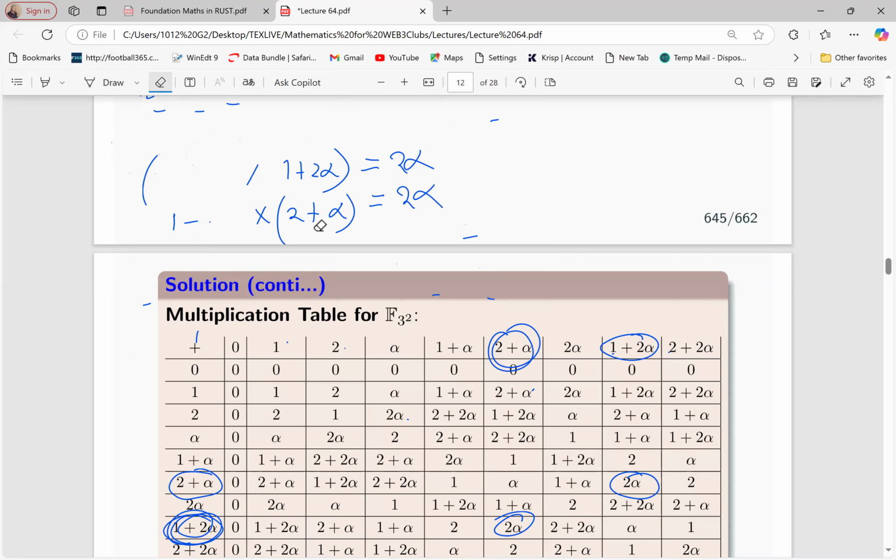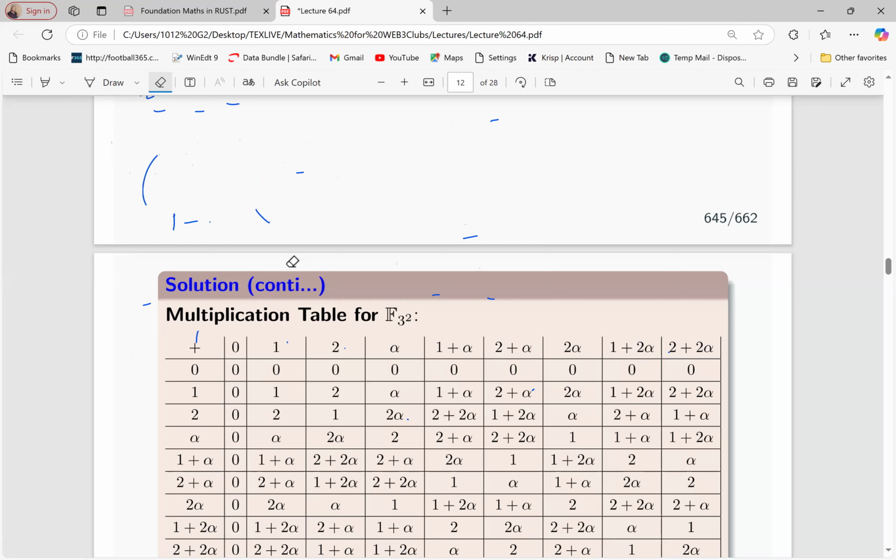Now, what is the inverse of 2 plus alpha? Under multiplication, we've already said that the inverse of A is B if their product is 1. So you can see the inverse of 1, therefore, is 1, because their product is the identity 1.